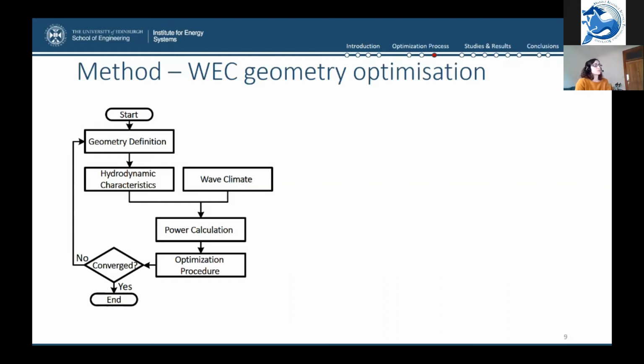I will just go through the method step by step to introduce each of the parts. First of all, the geometry definition. As I said, I used the geometry definition as implemented by the late Dr. McCabe. With this geometry definition, we want to be very flexible in the type of shapes that we can get.